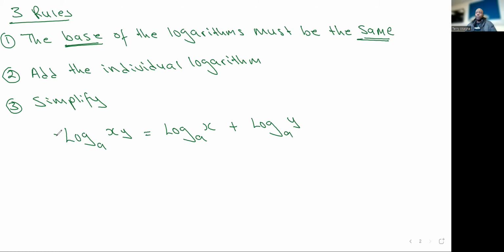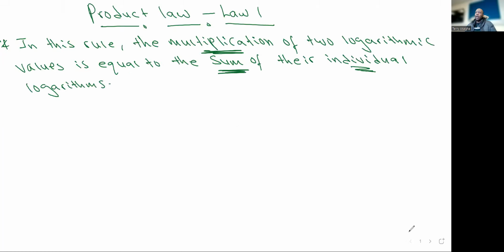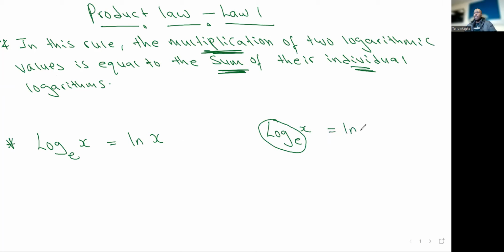Then also, I told you in the last video, I'm just going to write it here again. When you have log x to base e, where e means exponent, it is the same thing as saying ln x, because ln is the same thing as log to base e, all right? So log to base e of x is the same thing as what? ln x, okay? So I mentioned this in the last video.